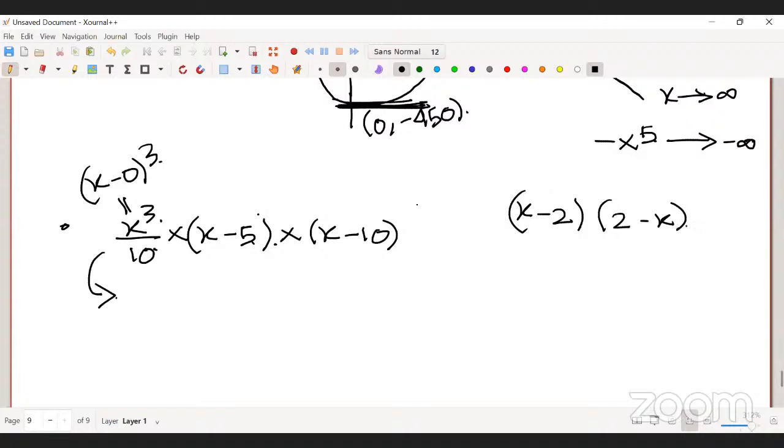For that, you have to club them together. This 2 minus x is minus of x minus 2. If you multiply both, you will get x minus 2 whole square. So you have to make sure you are clubbing all the things together, then only you can draw the graph properly.